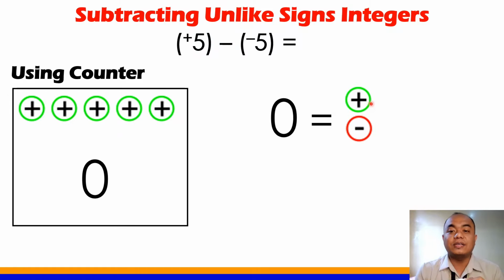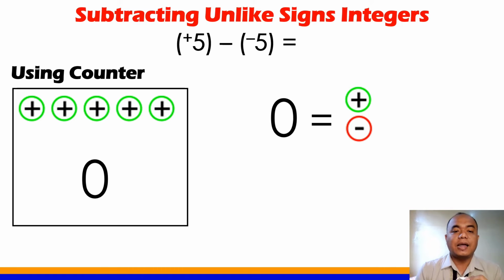Kapag inad natin yung isang positive sa isang negative, ang result niyan ay 0. Natalakay natin ito on my previous video lesson, specifically on adding integers. Gagamitin natin itong konsepto na to, class, para malagyan nga ng negative counters ang nasa loob ng box natin without changing the value of 5.